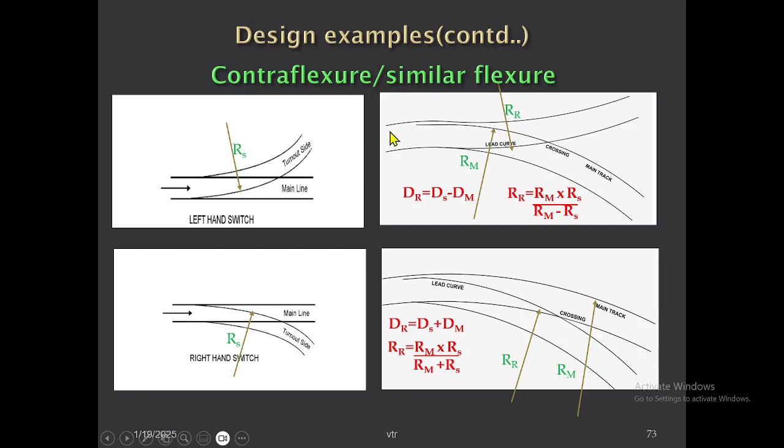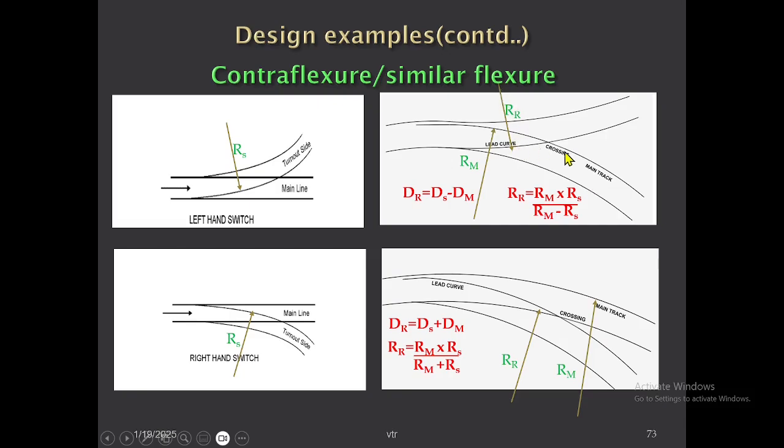Suppose this is your main line radius, which we will know, and we know the radius of the turnout, say a 1 in 8 and a half crossing falling on a curve. But when the main line is curved, following the curvature of the mainline track, the radius of the turnout will not remain as it is.